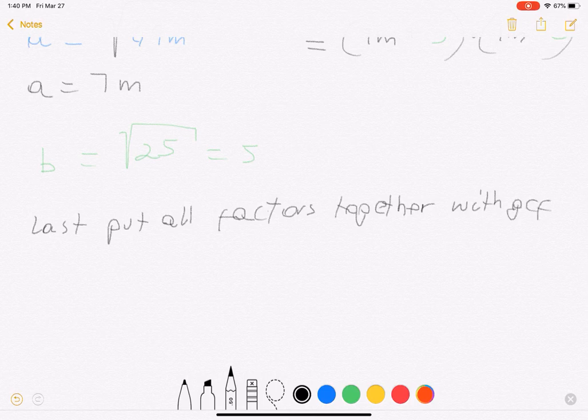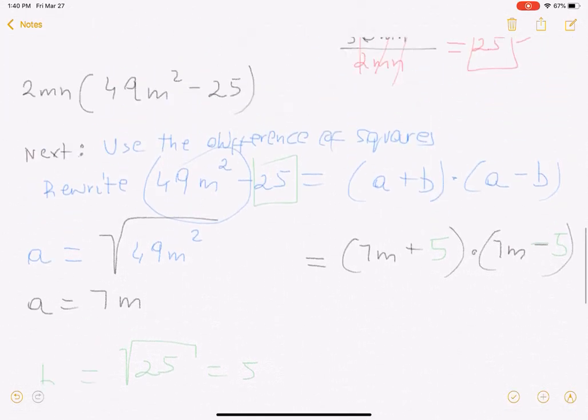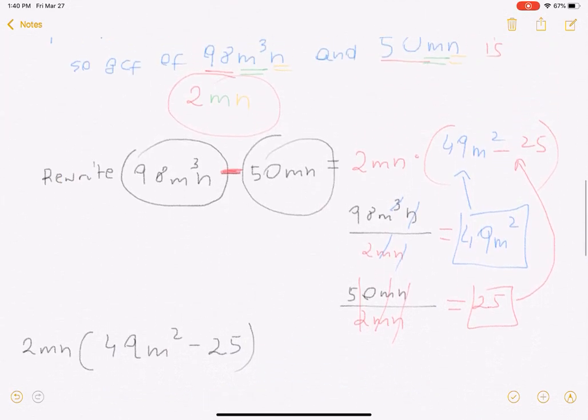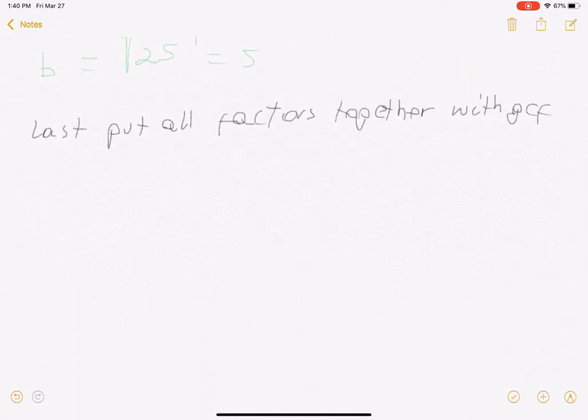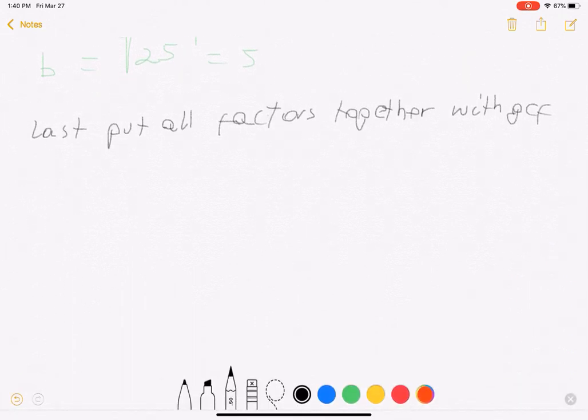Don't forget that we started that problem by factoring out the GCF. The GCF is 2mn, so I have 2mn. Let's just rewrite that problem. Originally we had 98m cubed n minus 50mn.